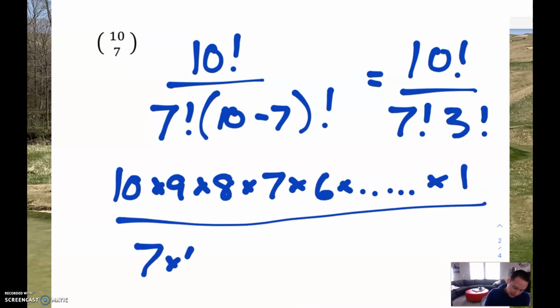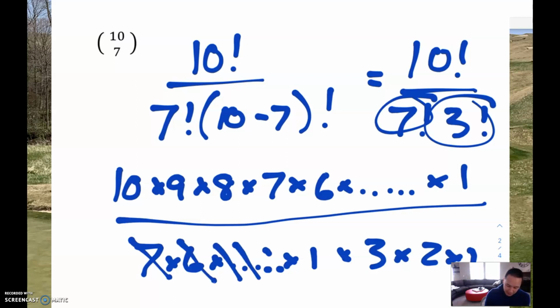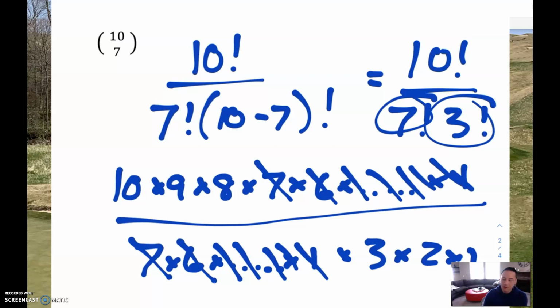Over 7 times 6 times all the way down to 1. That's the 7 factorial. Times 3 times 2 times 1. That's this 3 factorial. This 7 times 6 times 5, 4, 3, 2, 1 will cancel with 7, 6, 5, 4, 3, 2, 1. All of that goes away.